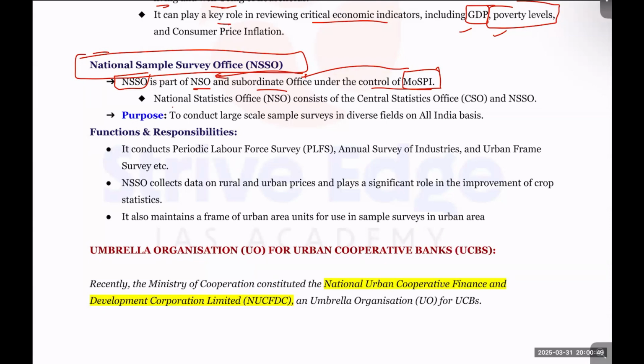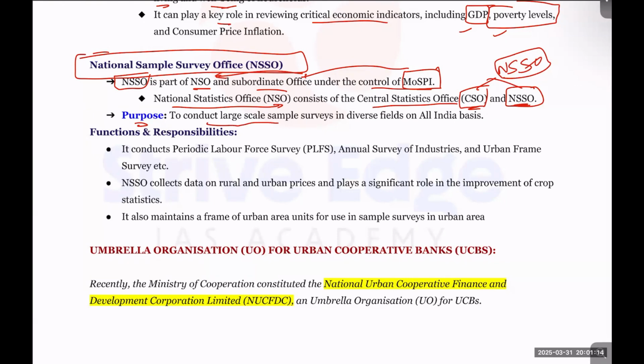The National Statistics Office consists of the Central Statistics Office, CSO, as well as NSSO. About 4 years ago, the CSO and NSSO were merged into a single organization.